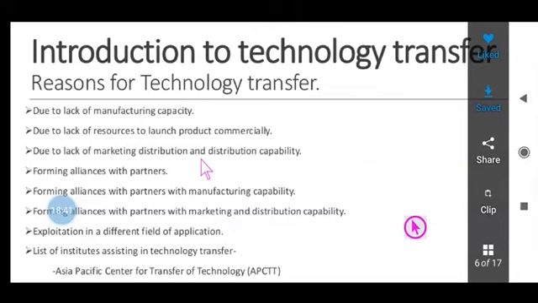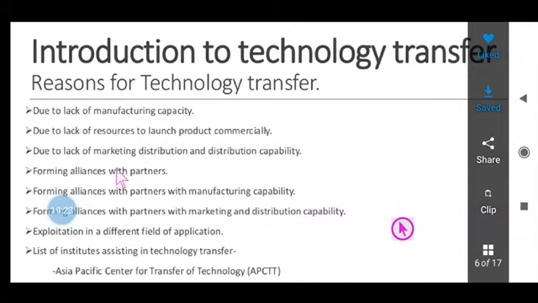Even though the researcher or that R&D unit has the capacity to produce it commercially because of having their own manufacturing plant, for successful commercialization the marketing and distribution is required, and the marketing and distribution capacities are with the giant companies only. So for successful commercialization, again the technology transfer will be required.